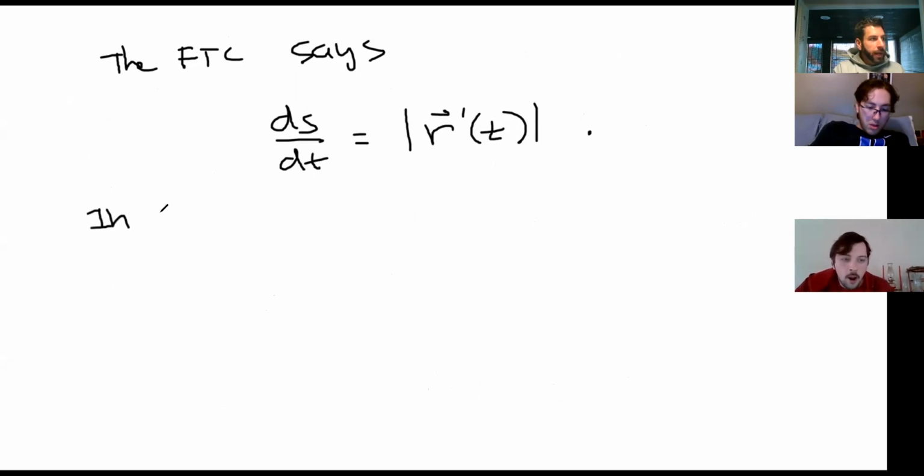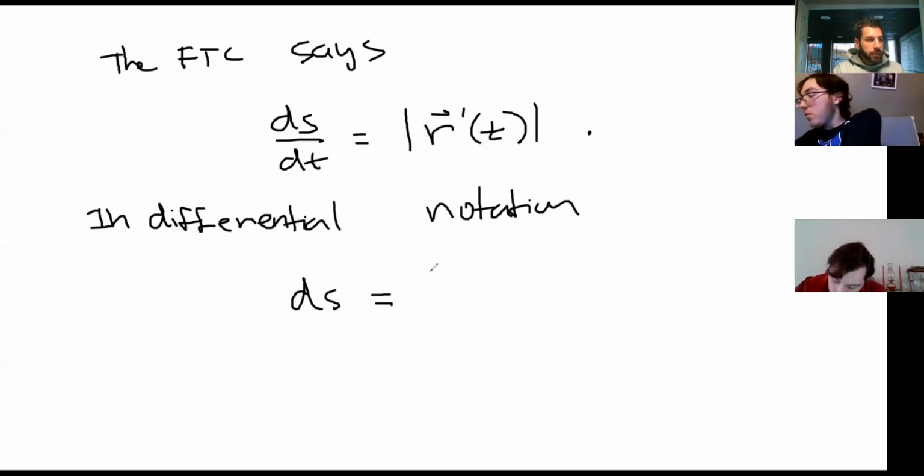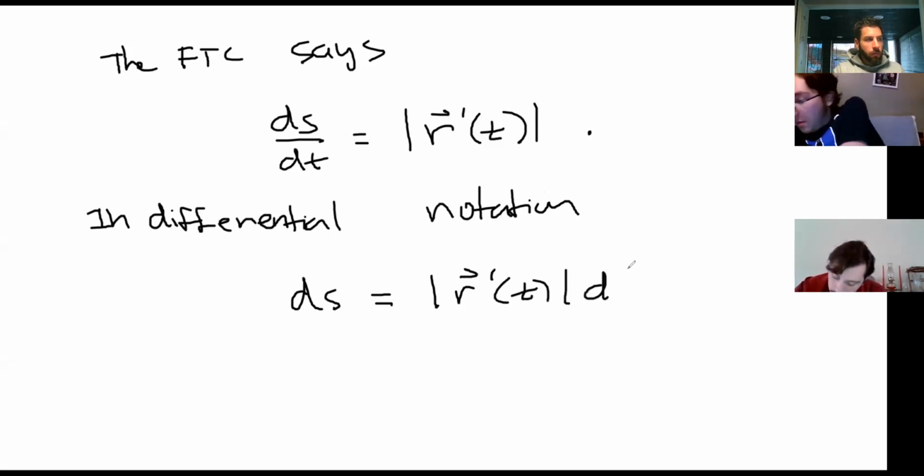And then we go back to some more useful way of writing this. So in differential notation, we write ds as this.